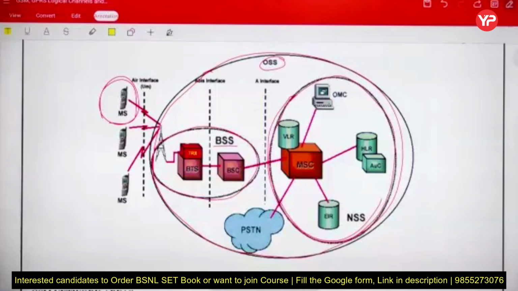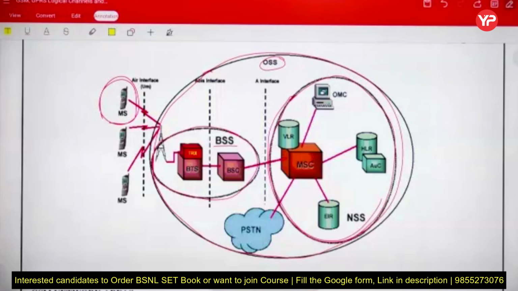The first main part is the mobile station. The second main part is BSS, base station subsystem. The third part is NSS, network switching subsystem. Then the last part, which combines all of them together, is called operational support subsystem.